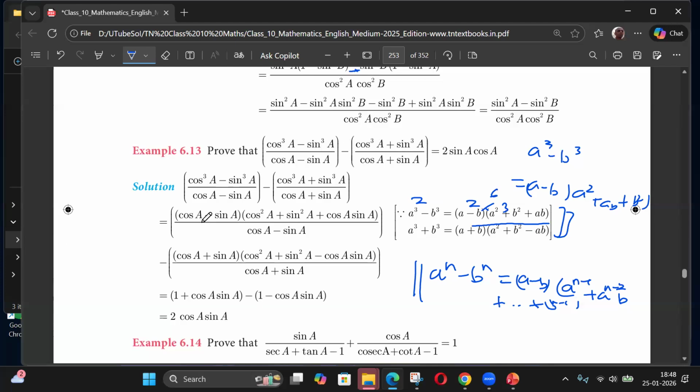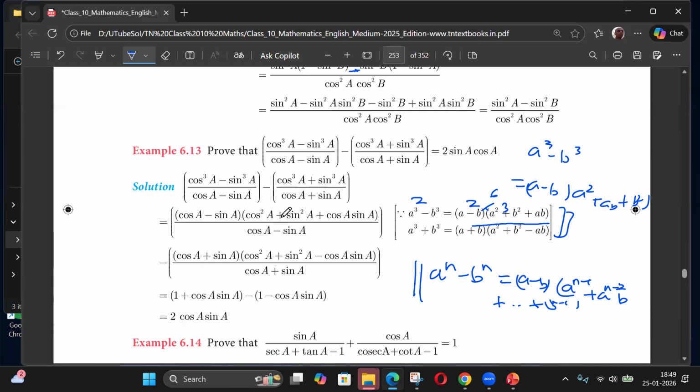So using that thing here, a cube minus b cube, and then a cube plus b cube. So a cube minus b cube is a minus b times a second order polynomial. A cube plus b cube is a plus b, first order, and then a second order polynomial. So if you do that, once you do that, this a minus b will cancel this one, and a plus b will cancel with this one.